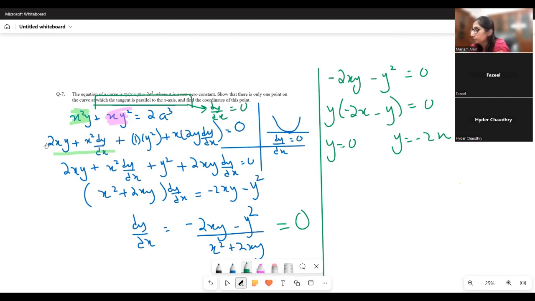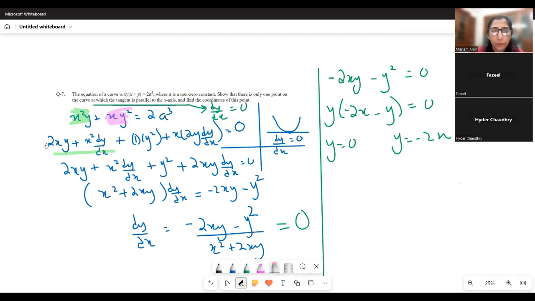Let me confirm. Okay, so what we were showing is that there is one point on the curve at which the tangent is parallel to the x-axis. So far, we're getting 2 points. We got 2 y's. Let's put it in the original equation and try to get 2 x's.